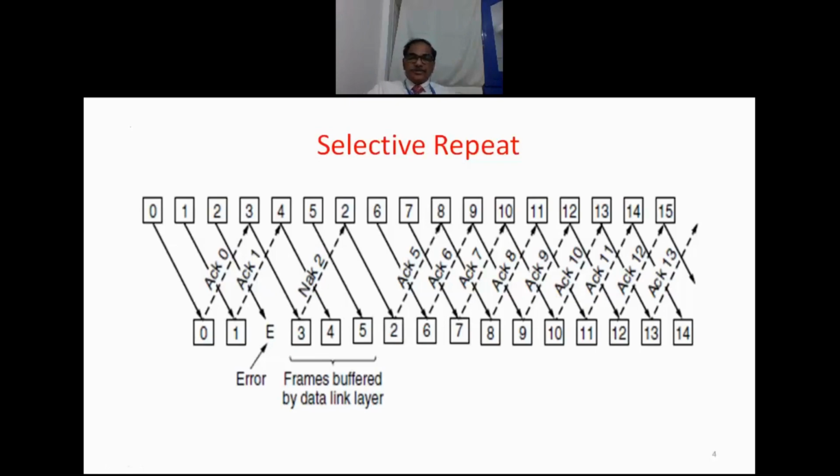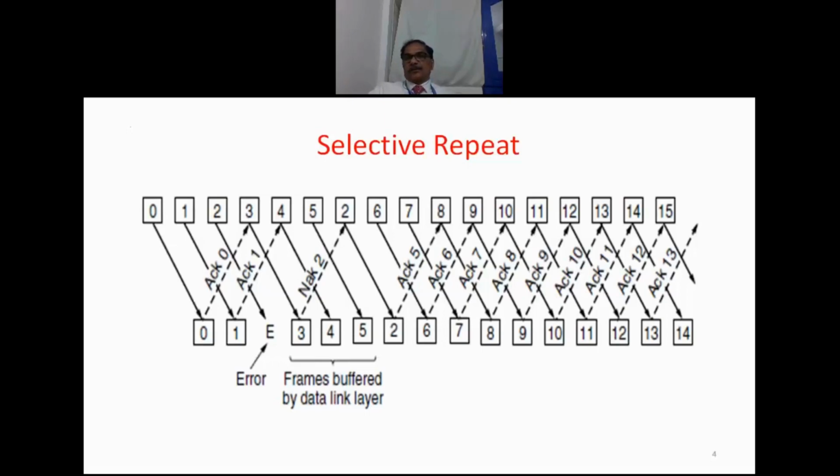That is what the receiver data link layer does to improve the performance, by allocating more buffers for receiving the frames from the sender without throwing them away or rejecting them because a previous frame is faulty.